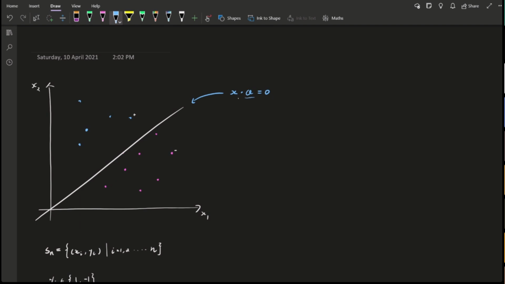This can be represented as a normal line to the decision boundary, which in this case goes through the origin, and this is orthogonal to your decision boundary. For this equation to be true, x has to be any point on the decision boundary. So any point on the decision boundary will be orthogonal to this normal vector, which will cause this operation to become 0.